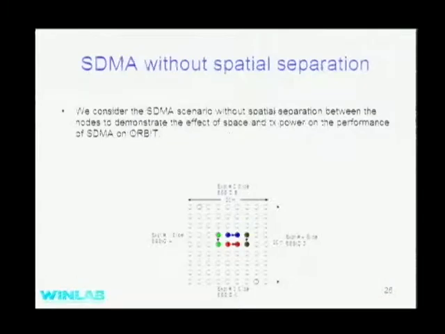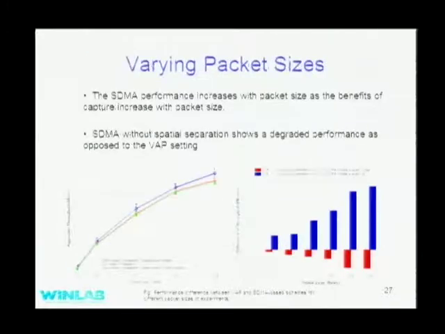We also consider this scenario, in which we place the SDMA scenario without giving spatial separation. So we'll show the effect of giving spatial separation on the performance of SDMA. Here we have the 3 scenarios, again with packet size.